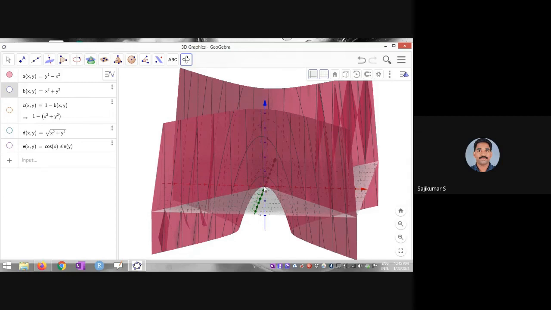So we cannot consider that point as either a relative maxima or a relative minima, because if you take the cross sections of the same surface in two different planes, the corresponding curves have a local maxima and a local minima at the same point. So that point is called a saddle point. Clear? Such points are called saddle points.